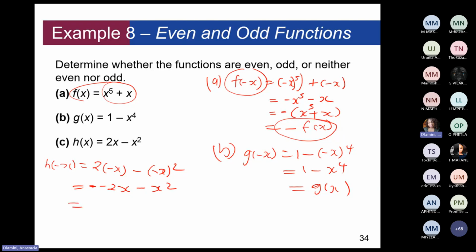Even if we take out the negative, we get a new function, which is not equal to h of x. So this means it's neither even nor odd. Are we okay there? Yes, ma'am.